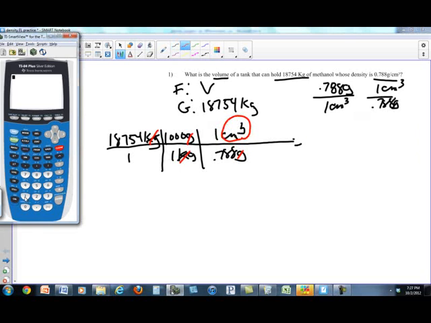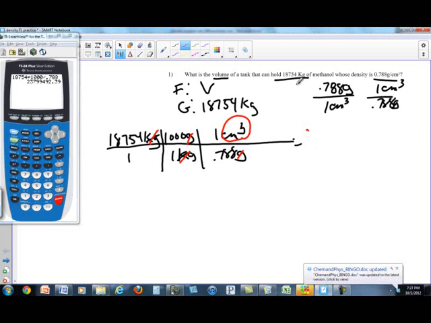So if I punch that now, it's 18754 times 1,000. Divide by 0.788, and I get a huge number. Okay, so I've got 5 sig figs here, so I'm going to want 5 here, 2, 3, 4, 5.